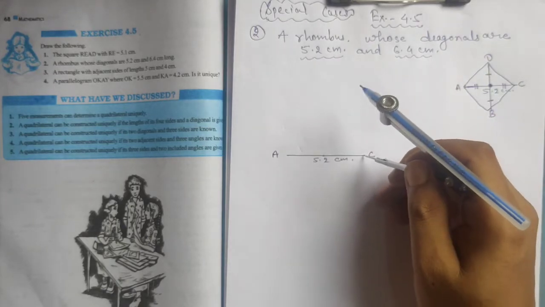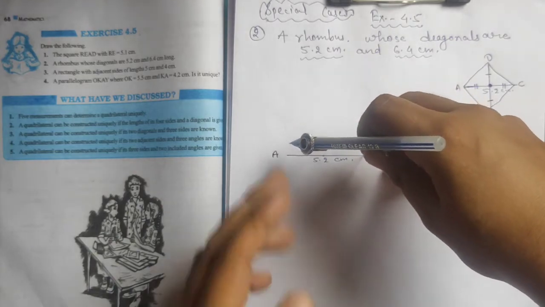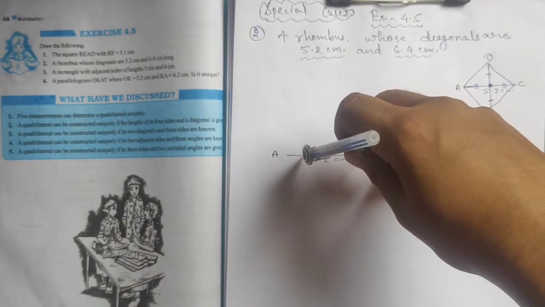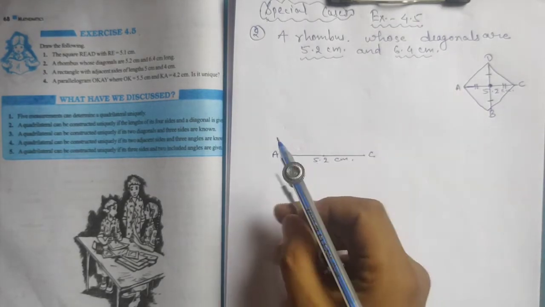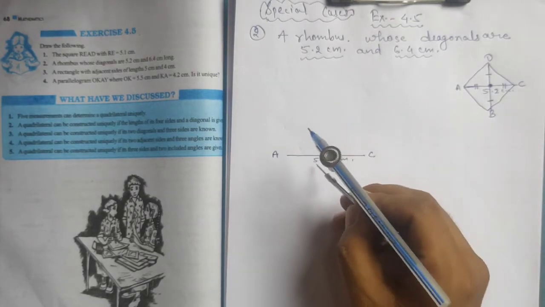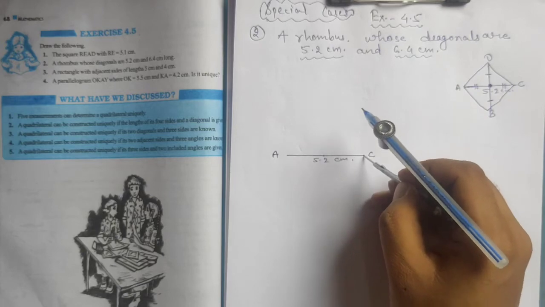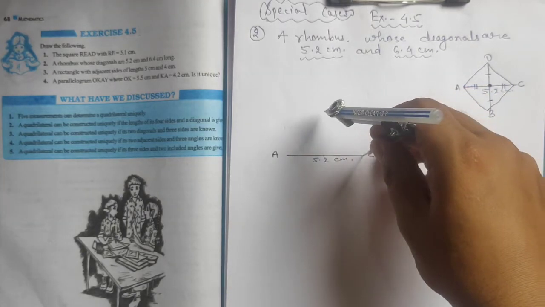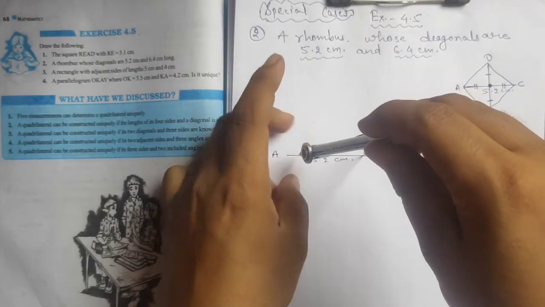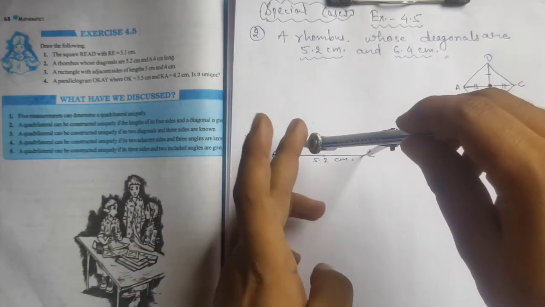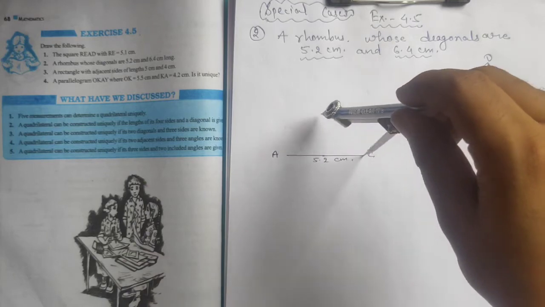So from point C, take more than half of the length of the given line AC. That means if it is 5.2, we have to take at least 3 or 4 centimeters. You can take it as your own choice, larger or smaller.